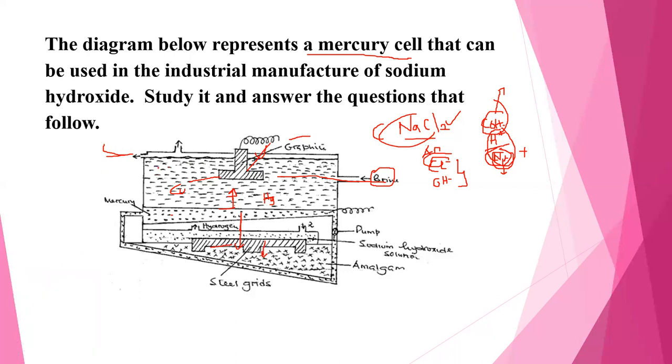So here we have the chloride ion, where there is oxidation, and the chlorine gas is formed.